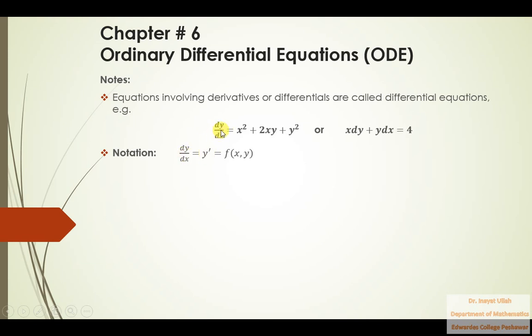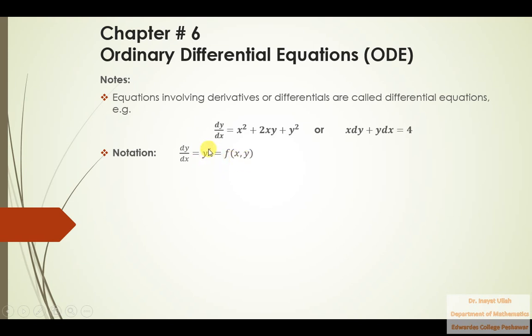In this y prime you see that it includes x as well as y. So we say that y prime is a function of x and y. That is a notation.